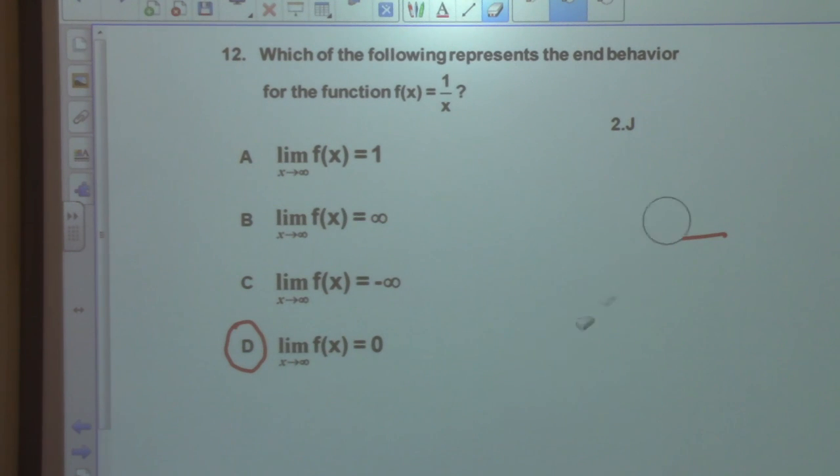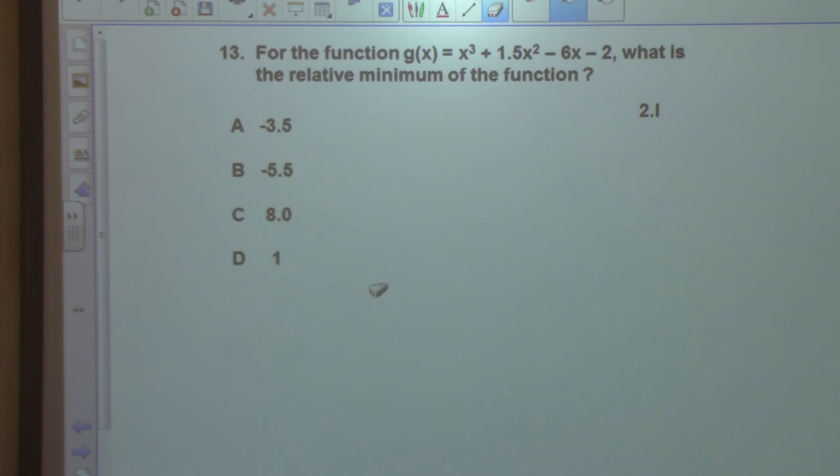Next, 13. What is the relative minimum of the function?